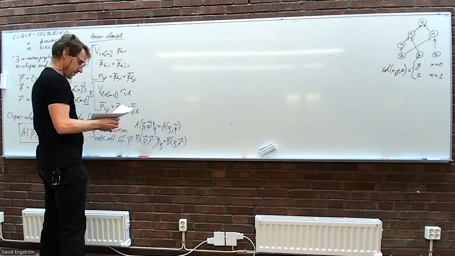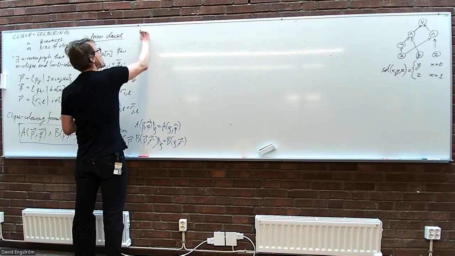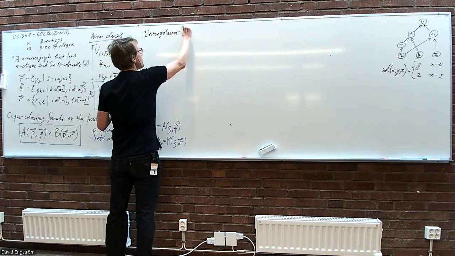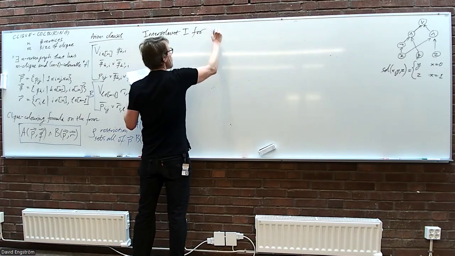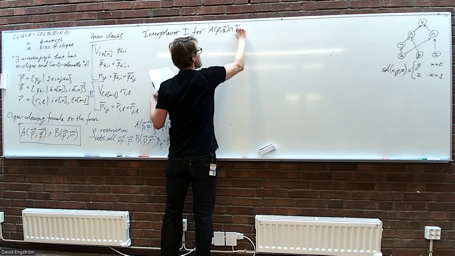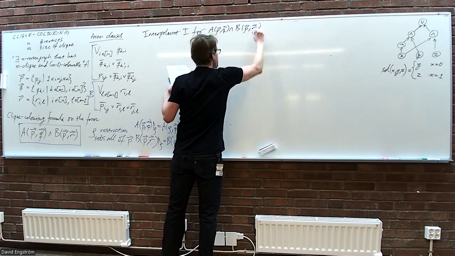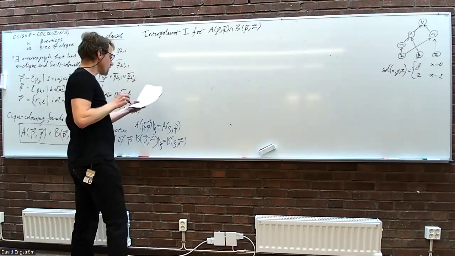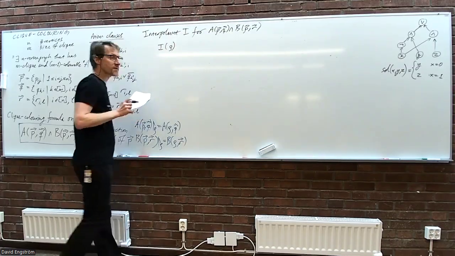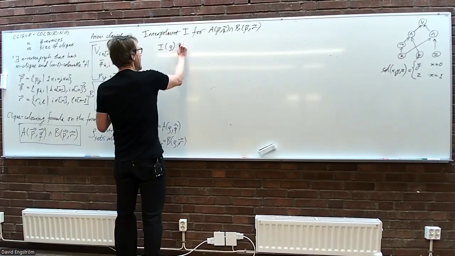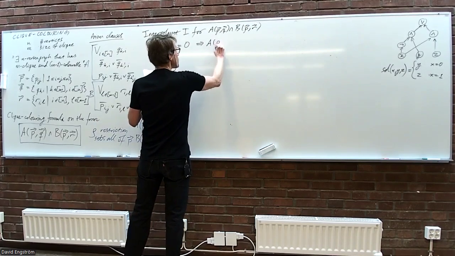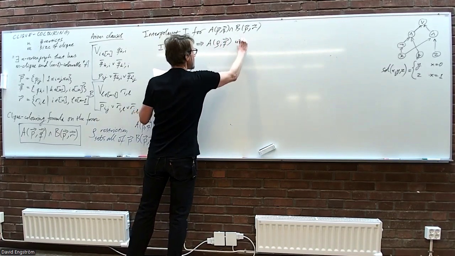So an interpolant I for this formula A(P,Q) and B(P,R) is a Boolean function that has the following property: you take any rho which assigns the P variables, and if the interpolant outputs 0, that means that A restricted by rho is unsat.